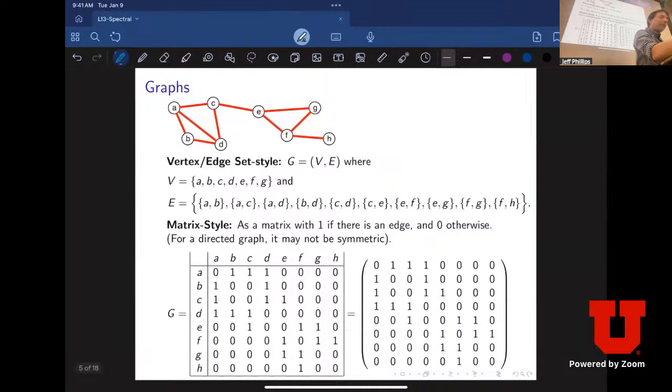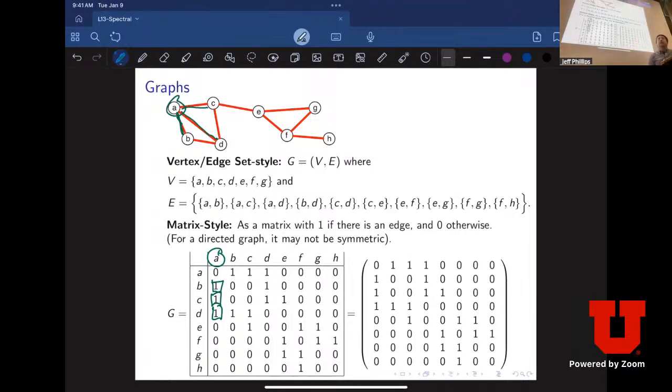If I have point A here, then I'm going to have a 1 in the locations where it has an edge, the edges to other vertices B, D, and C, and a 0 if I do not have an edge.